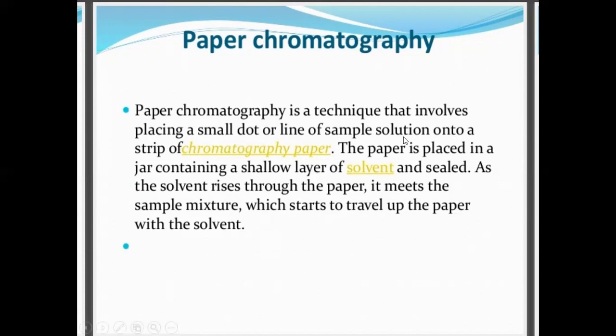The paper is placed in a jar containing a shallow layer of solvent, and it is sealed and kept aside. As the solvent rises through the paper, it meets the sample mixture, which starts to travel up the paper with the solvent.